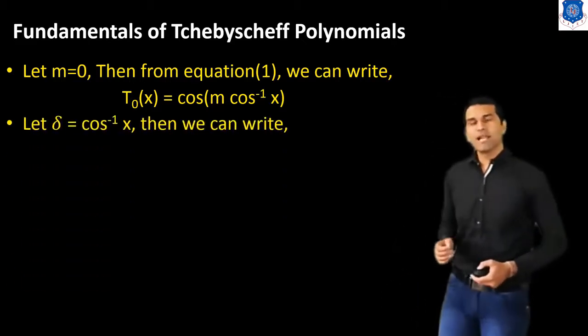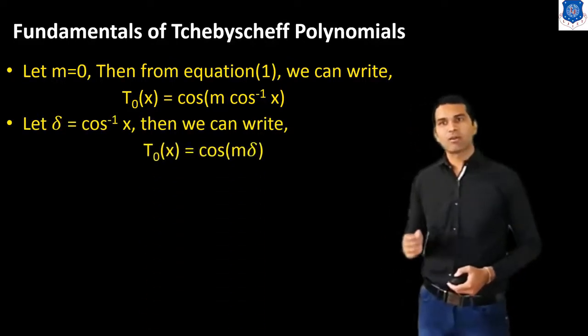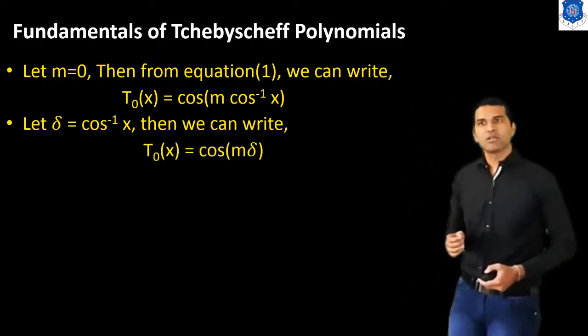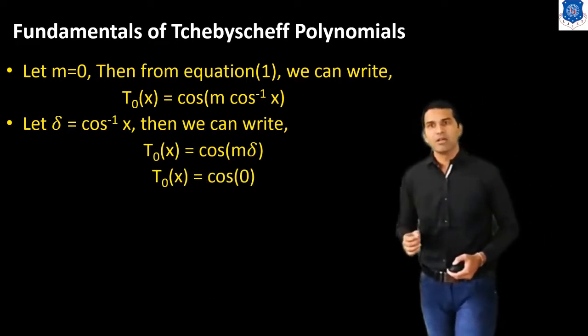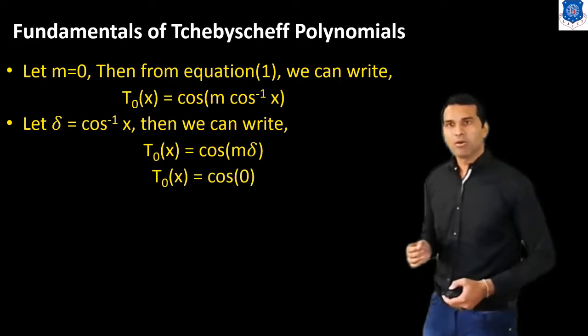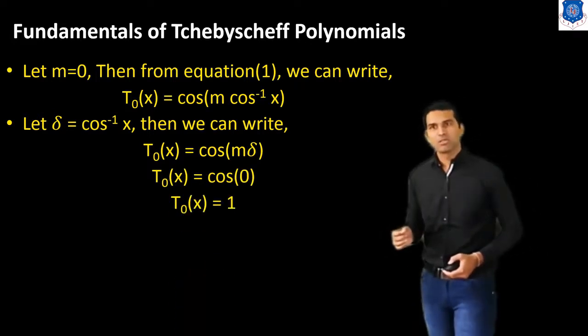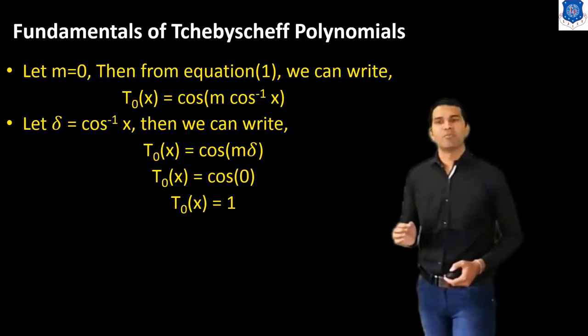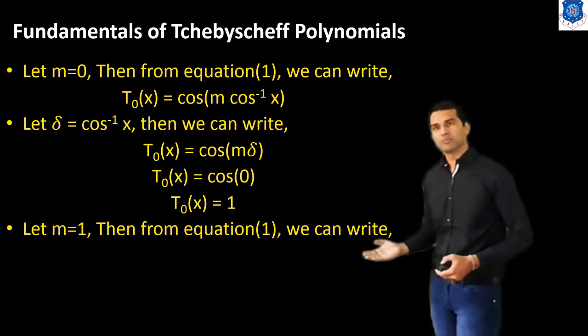Let us consider delta equals cos inverse x. Then T0(x) becomes cos(m delta). Here m equals 0, so it becomes cos 0. So T0(x) becomes 1.